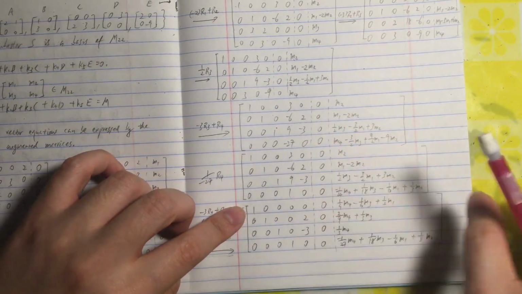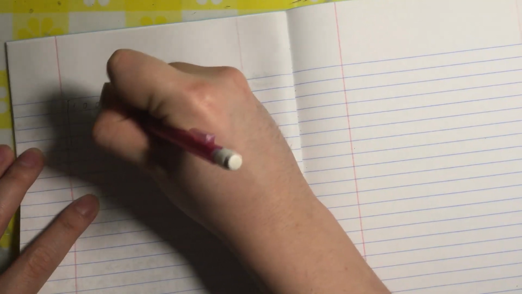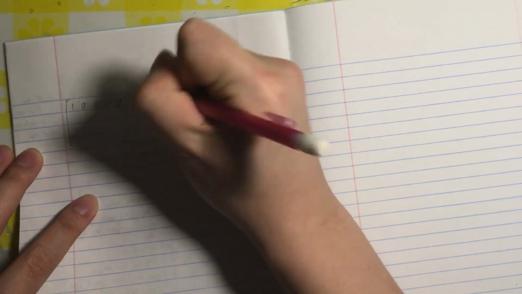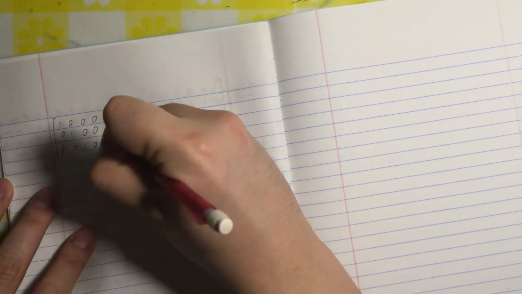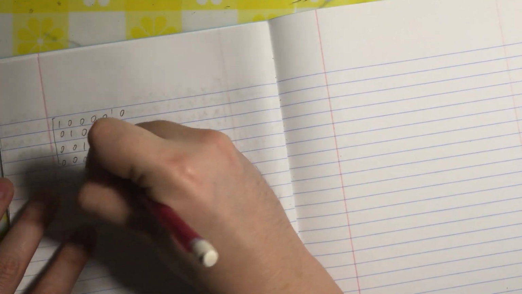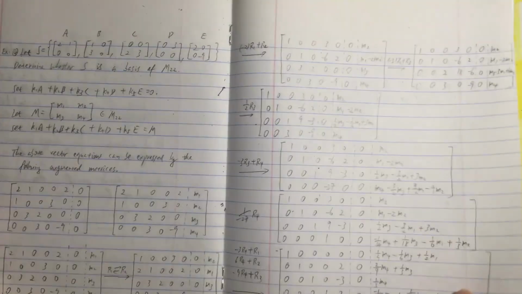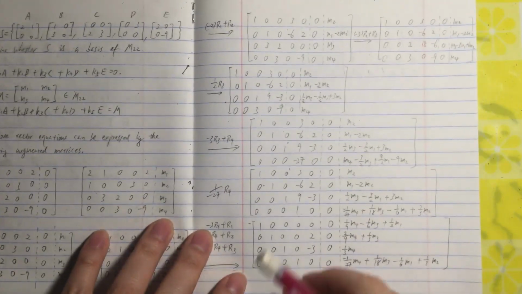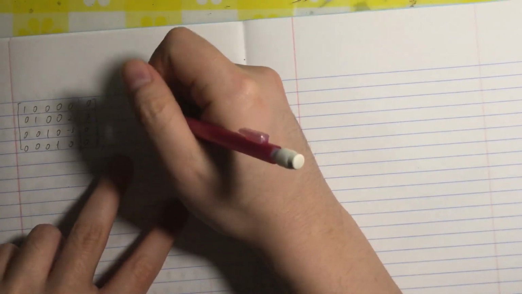That's the first matrix: 1, 0, 0, 0, 0, 0, 0, 1, 0, 0, 2, 0, 0, 0, 1, 0, negative 3, 0, 0, 0, 0, 1, 0, 0. Next, I keep the first 5 columns and the last column. That's the second matrix in the reduced echelon form.